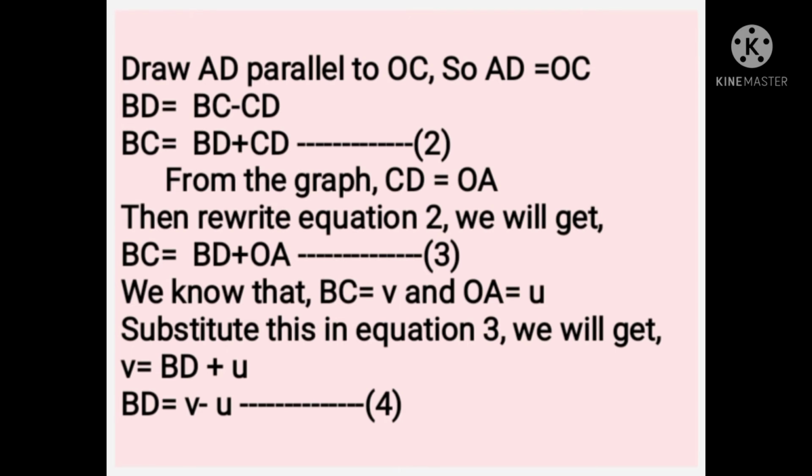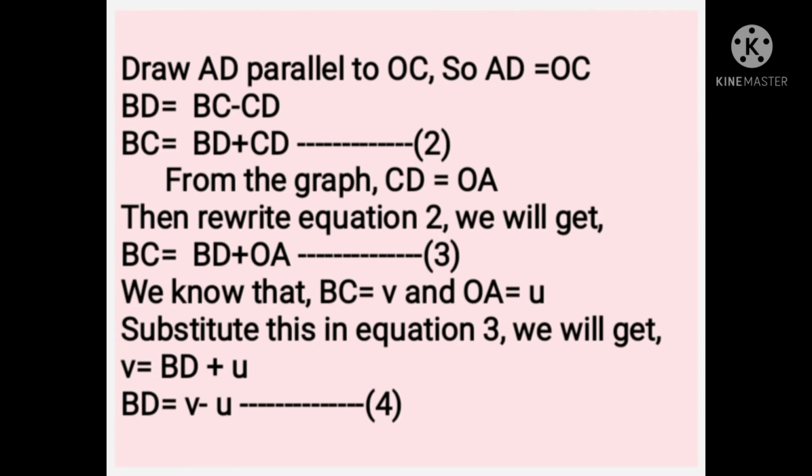Then BD is the change in velocity, that is equal to BC minus CD. From this, BC is equal to BD plus CD. Put this as equation number 2. Then from the graph, CD equals OA because they are also the same length. Then rewrite equation 2, we will get BC is equal to BD plus OA.